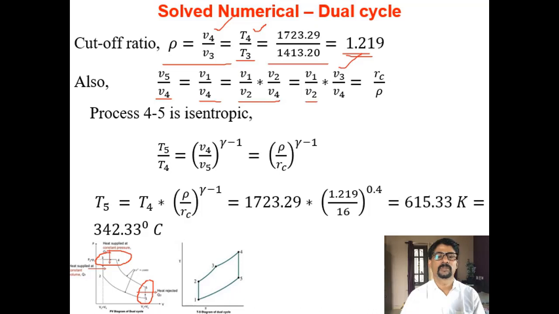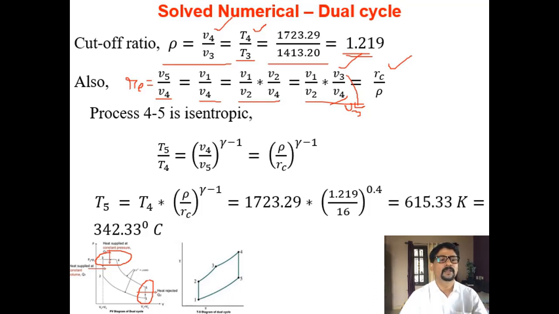So V1 by V2 into V3 by V4. V1 by V2 is nothing but RC, and V4 by V3 in the denominator, because this V3 will come to the denominator here, so that becomes rho. So you can remember the expansion ratio; suppose if you want, you can write RE here. That is better. RE, expansion ratio V5 by V4, is always equal to RC by rho. That is easy to remember. RE is nothing but RC by rho, because RE is less than RC.